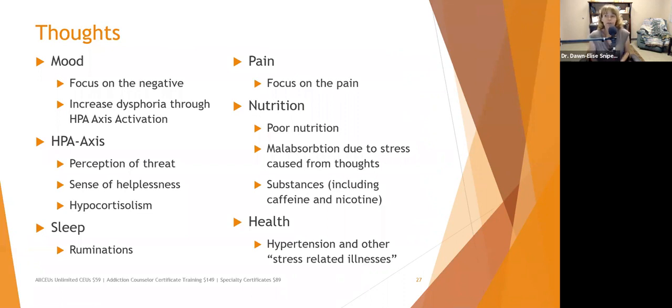Thoughts can contribute to poor nutrition, again, because people often look to food to help distract themselves, especially comfort food. And it can contribute to malabsorption because these stressful thoughts upset your tummy and trigger that HPA axis, so the system is going faster. And it contributes to health problems through hypertension and other stress-related illnesses.